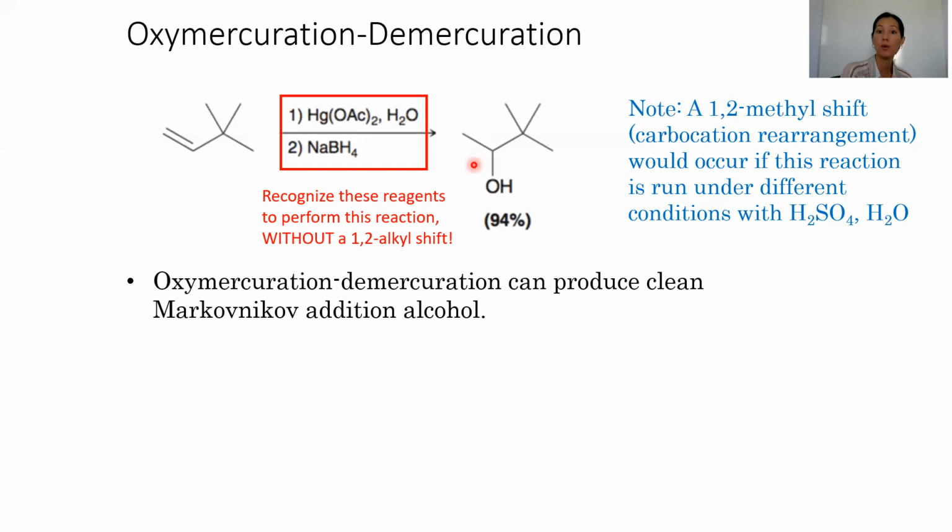And just to let you know, you would have formed a secondary carbocation, which would have wanted to undergo an alkyl shift to reveal a tertiary carbocation. If you can't see that, play around with that on paper. And that doesn't happen. So you can cleanly get your Markovnikov addition alcohol using the mercury reagent.